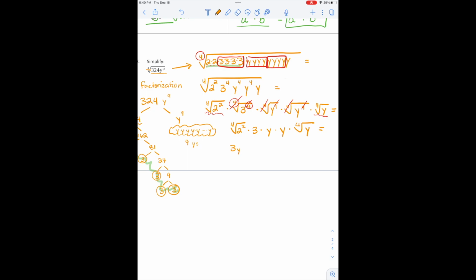Combine the outside terms, 3yy, times, combine the inside terms, the 4th root of 2 squared y. And that's going to be equal to 3y squared times the 4th root. 2 squared is 4, so I'll write 4, and y is just y. So I have 4y, and that's my final answer.